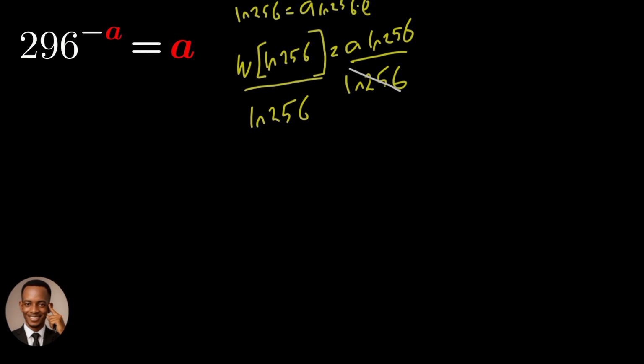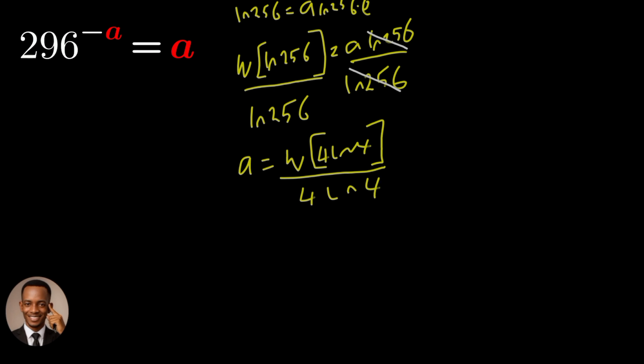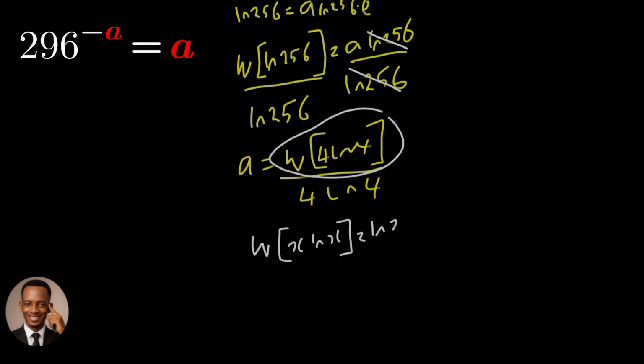ln 256 cancels ln 256 and we'll be left with a equals the W function of, we can write ln 256 as 4 ln 4, divided by the same thing, also 4 ln 4. And as a property of the W function, we know that the W function of x ln x will give us ln x.